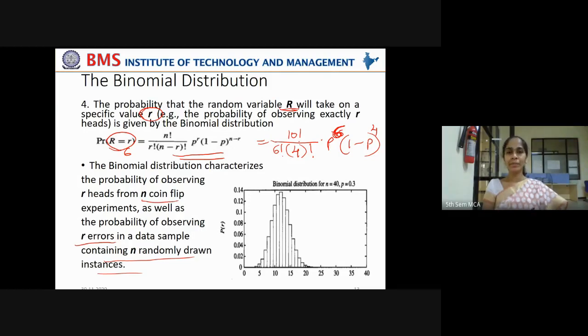That's all, simple. Did you understand now? You need not write the entire thing in your exam, just what is binomial distribution and what it elaborates. It tells us about the probability of occurrence of an event, the number of times an event would occur out of these many experiments. That is given by the binomial distribution.